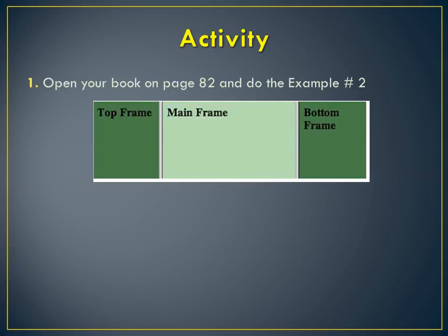I want you to assign a different color for each page and then combine them using the frameset tag. After which, I want you to do the remaining examples from pages 83 to 85.